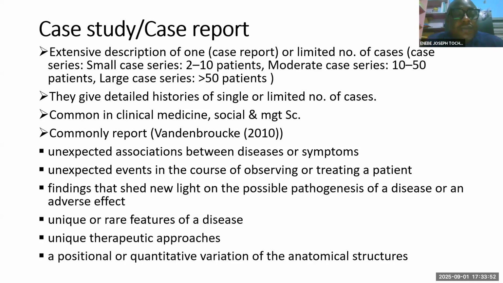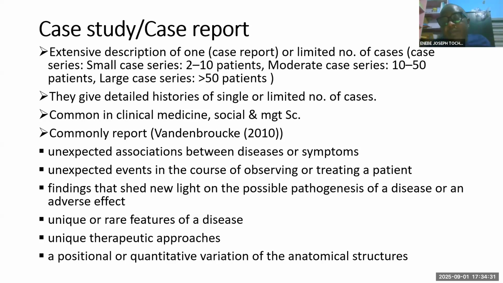It's common in clinical medicine and also in social and health sciences. These are some of the issues to be reported: an unexpected association between disease and symptom, unexpected events, such as observing treatments on a patient, findings that shed new light on the possible pathogenesis of a disease or an adverse event, unique or rare features of a disease, unique therapeutic approaches, or a positional or quantitative variation.